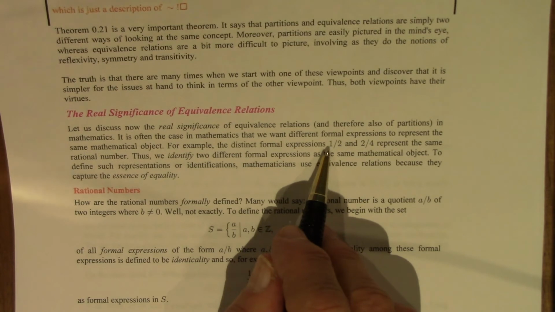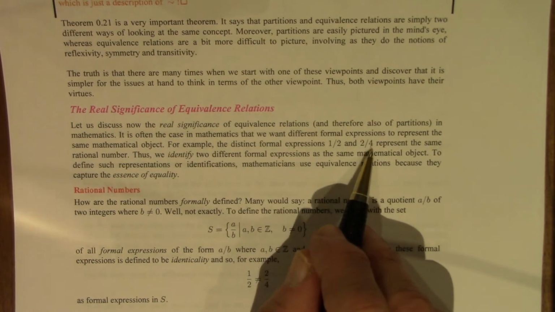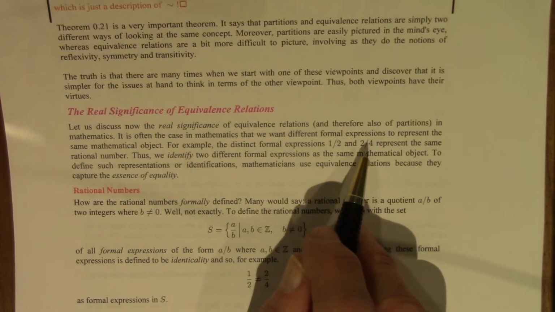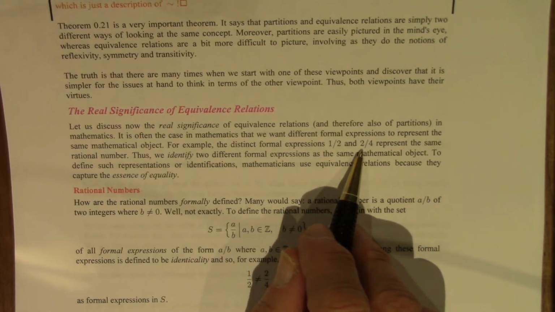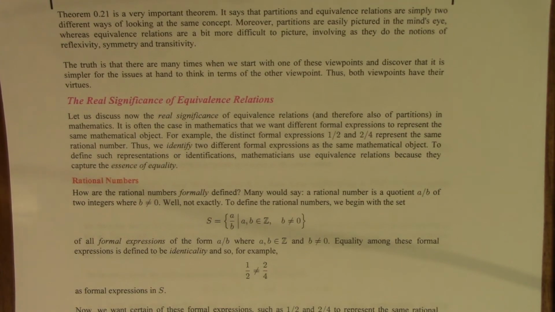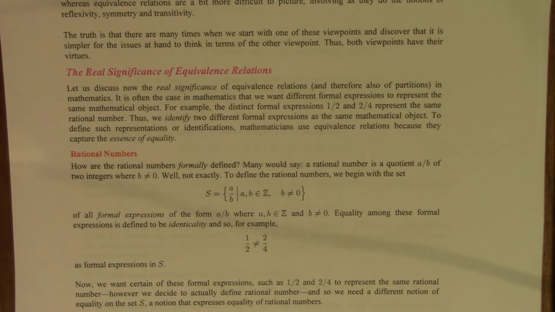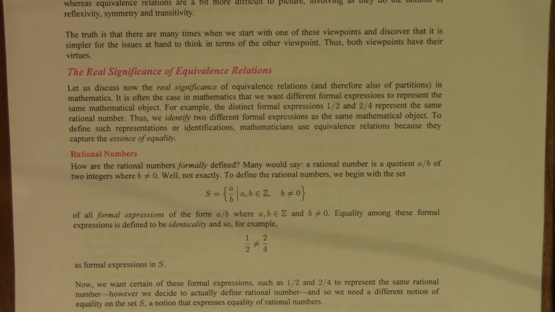And I say, let's look at these formal expressions, 1 over 2 and 2 over 4. These are different as formal expressions, but we would like them to represent the same rational number, however we decide to define rational number. So we are identifying two formal expressions as the same mathematical object. The way you do that is with an equivalence relation.